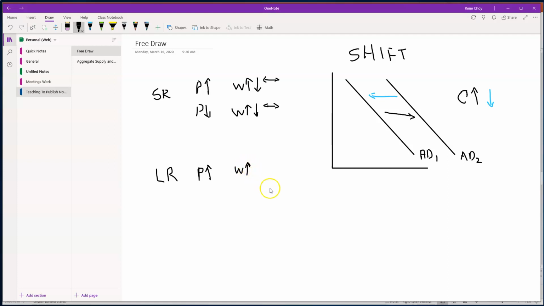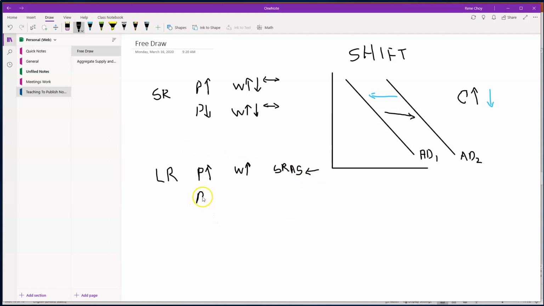If this is true, we have what we call a wage push in the long run, and the short run aggregate supply will shift to the left because of that wage push. That creates an economic cycle, and we'll talk about that towards the end.